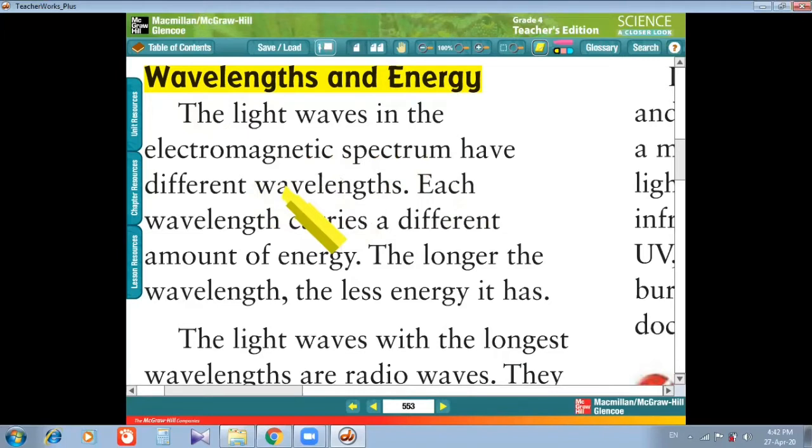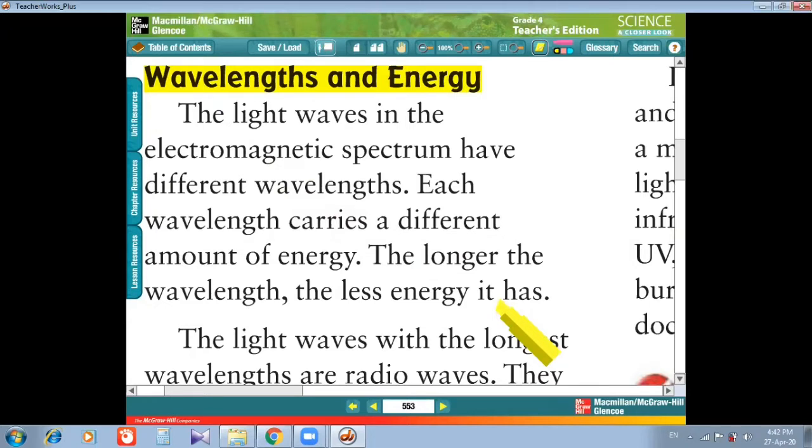Each wavelength carries a different amount of energy. The longer the wavelength, the less energy it has. If the energy is more, the wavelength will be short. If energy is less, wavelength will be long.